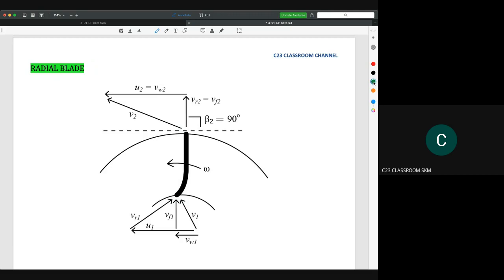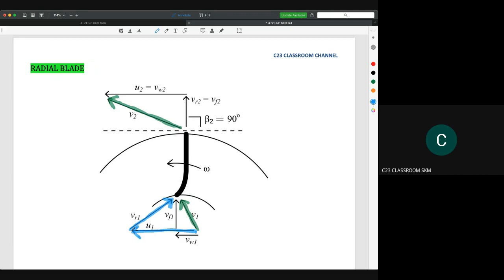I think you already know. So we know the blade, we know the rotational speed, and then we need to determine the absolute velocity, the real velocity. This is the real velocity V1, and this is the real velocity V2. And then we could draw the component velocity. This is the VR1, and this is the U1.